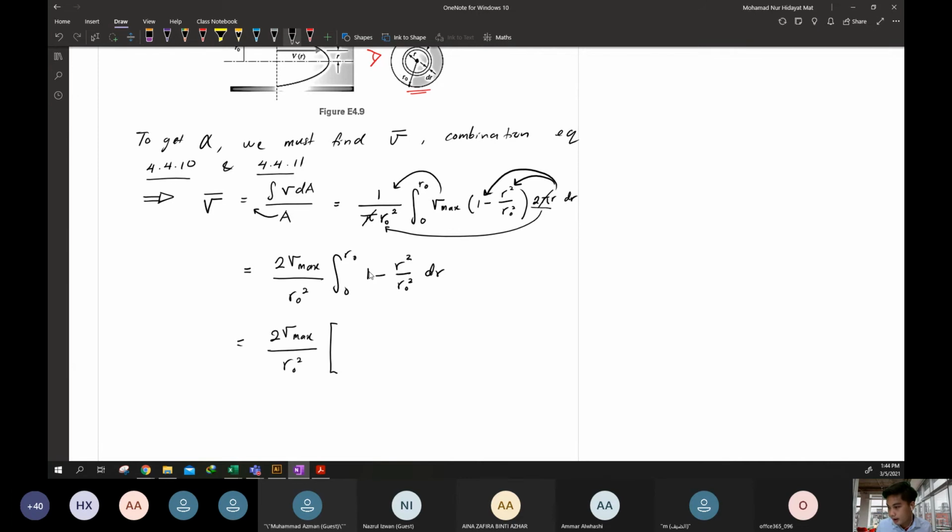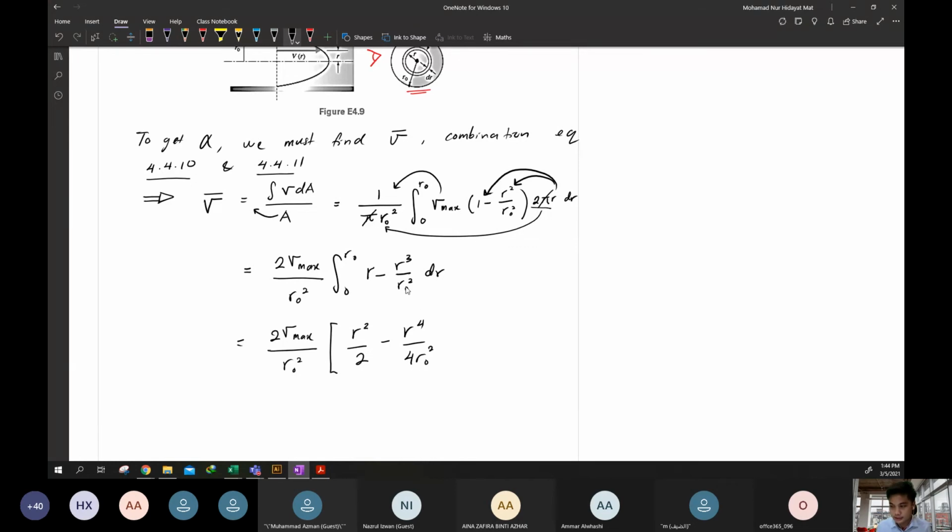We will have r and r cubed. So r integrated gives r squared over 2, minus r to the 4 over 4 R naught squared.